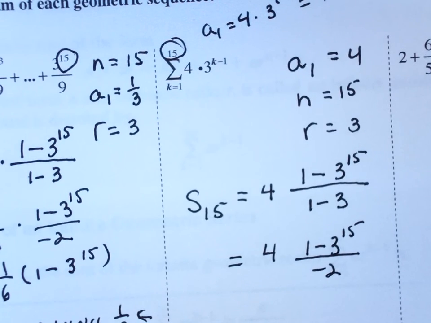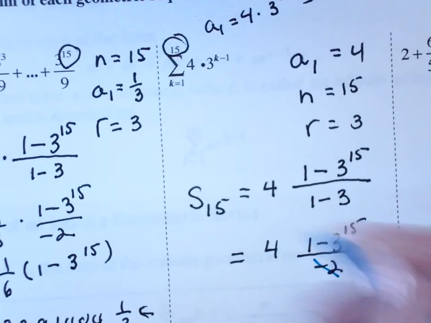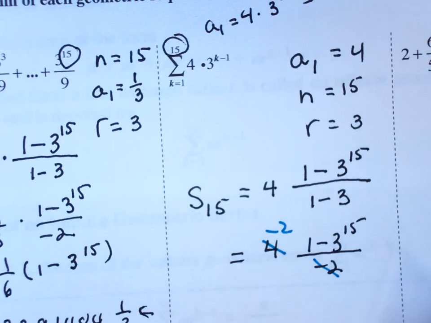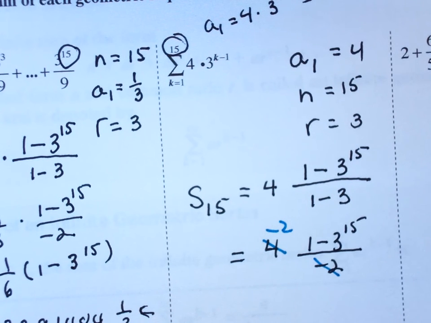And then we said the -2 reduces with the 4, giving me a -2. Whatever point you choose to do the work, it's up to you, times 1 minus 3 to the 15.